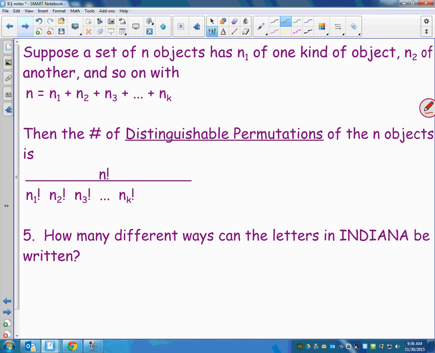You have to take the number of objects, which is n factorial, or if we're talking about letters here, the number of letters in the word. But then you have to divide out each letter by the number of times it repeats itself. You could actually do every letter, but what's 1 factorial? 1.